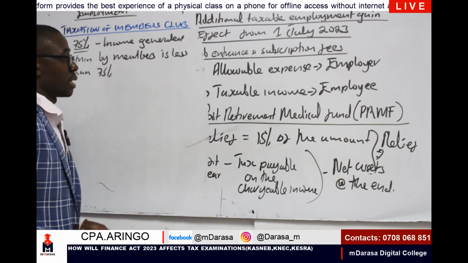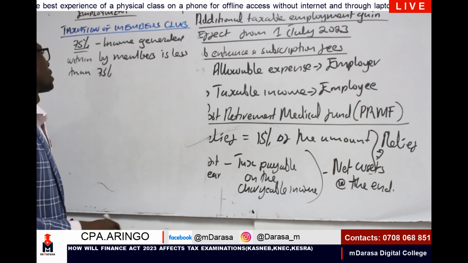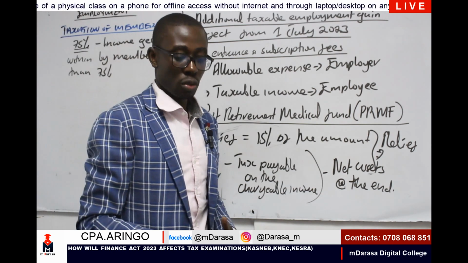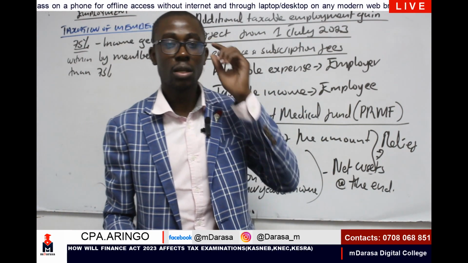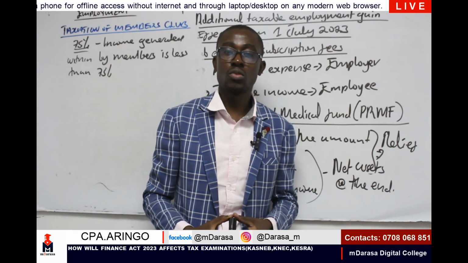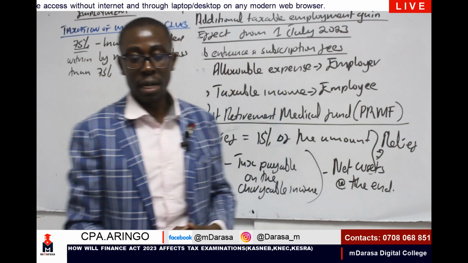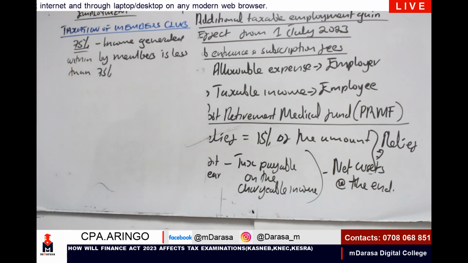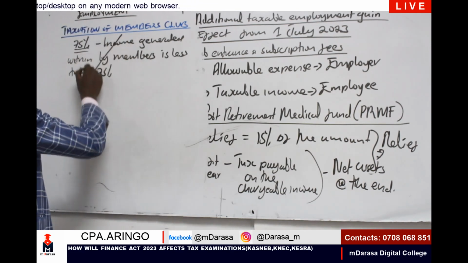While all other incomes were taxed, if more than 75%, it was taken as a mutual income. And in mutuality in law, you don't tax mutual income. But with the changes with this Finance Act, 2023, this has been scrapped off.